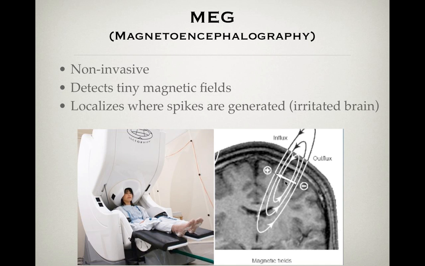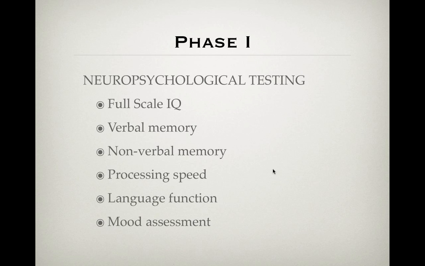If you think of a magnet or the Earth's magnetic field, your brain actually generates electrical fields, electricity from the abnormal brain activity, and that electricity in turn creates a magnetic field, and the MEG is a very, very detailed way to analyze that abnormal activity, significantly better than the routine EEG. We're talking on the range of millimeters in accuracy.